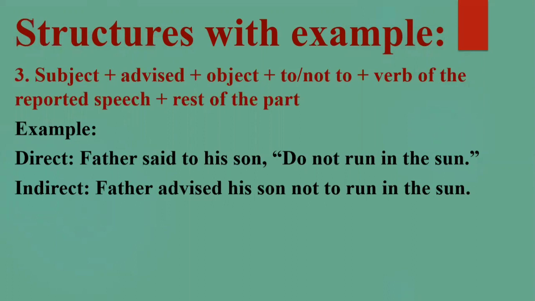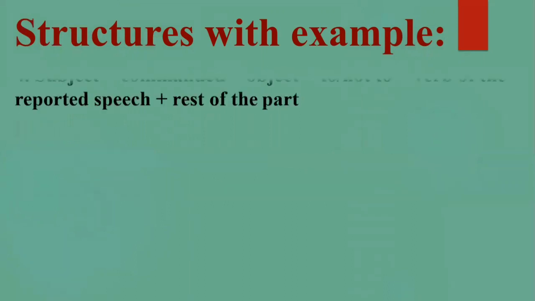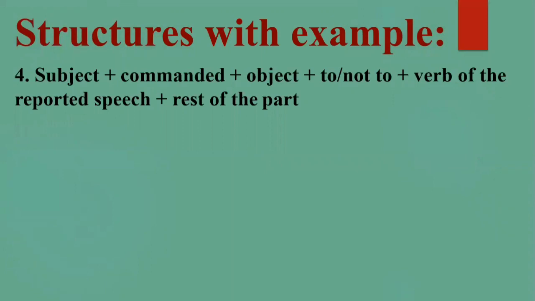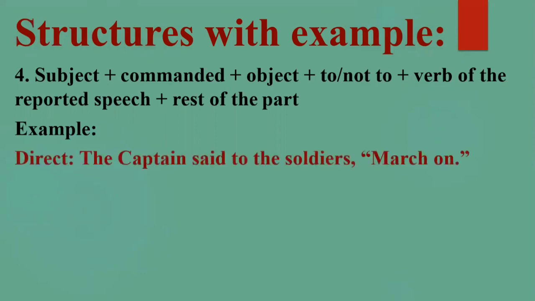Okay. Now, dear learners, here number 4, structure: subject plus commanded, then object, then to or not to, then verb of the reported speech, and then rest of the part. Okay. So here, example, direct: the captain said to the soldiers, march on.